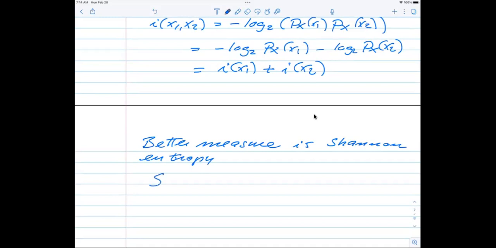And this is something which we will label as S of this whole domain of events x, and that sums over. So this looks like an expectation value of the log of P of x, if we have discrete events. You remember the statistical definition of an expectation value: it is the probability distribution multiplied with a variable which we are interested in.